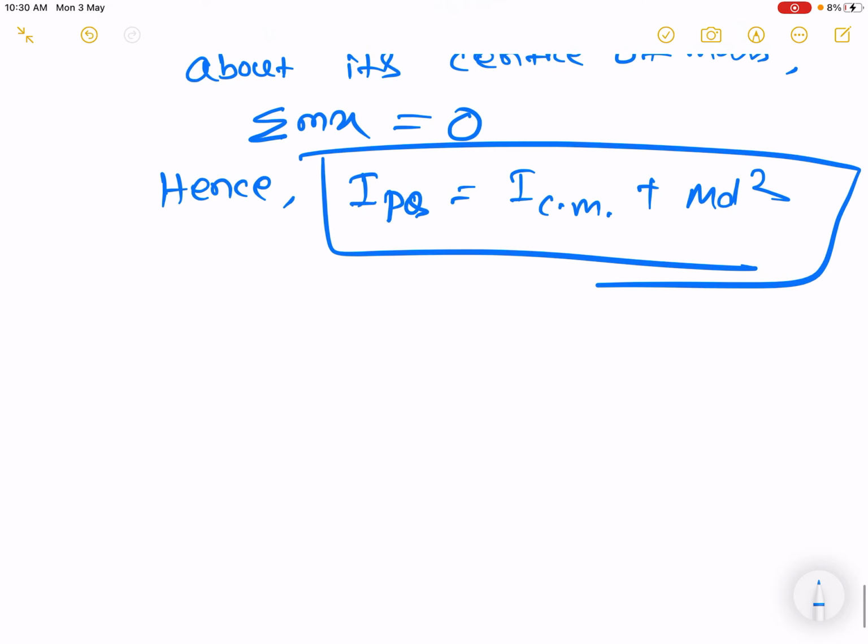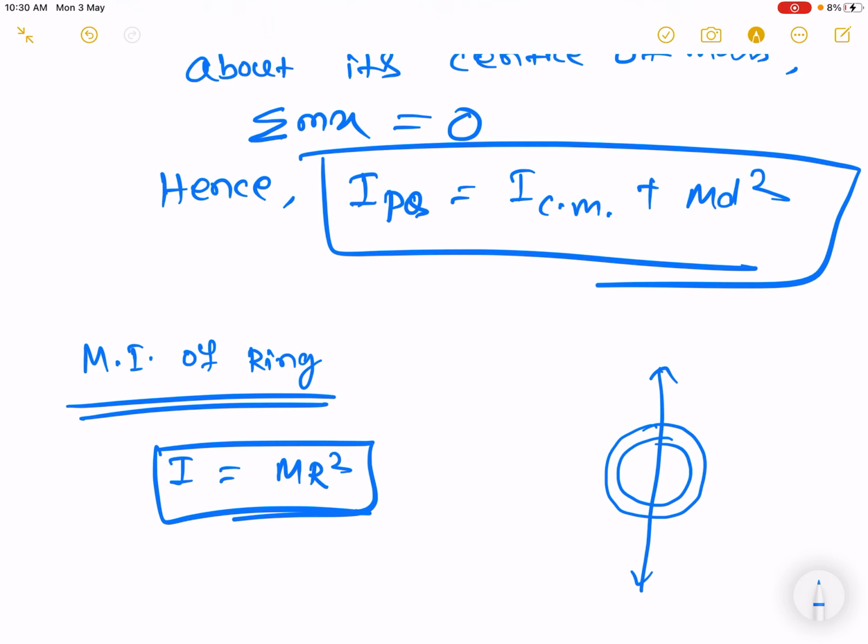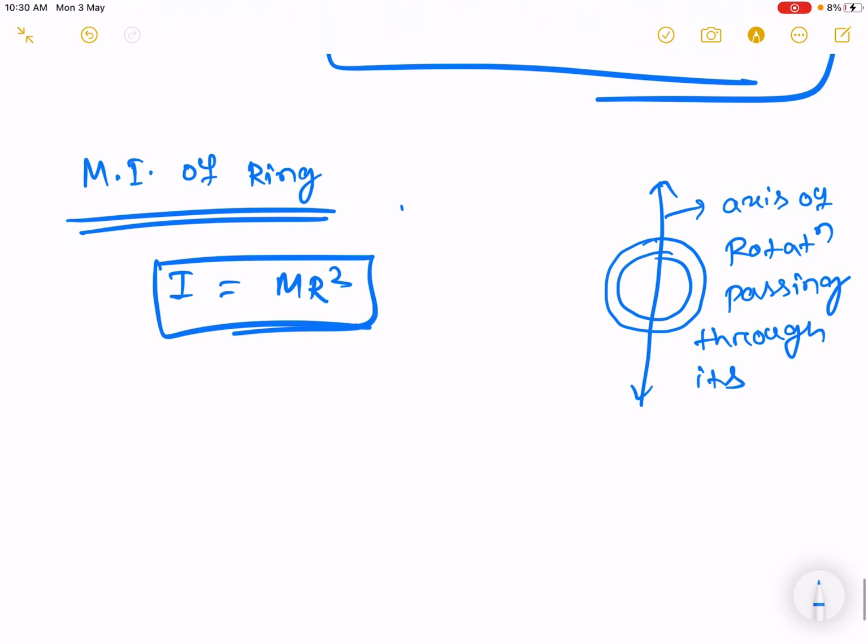If you are taking the case of a ring, the moment of inertia of the ring about an axis passing through its center and perpendicular to its plane, how much? All of you remember I equals mr squared.